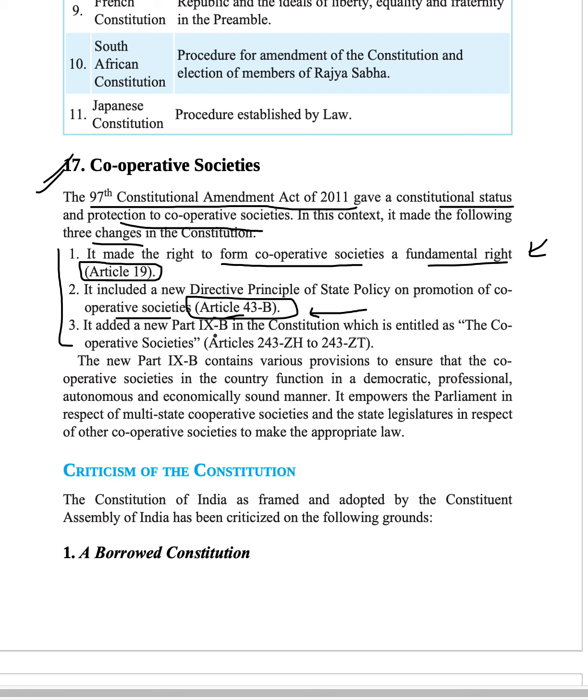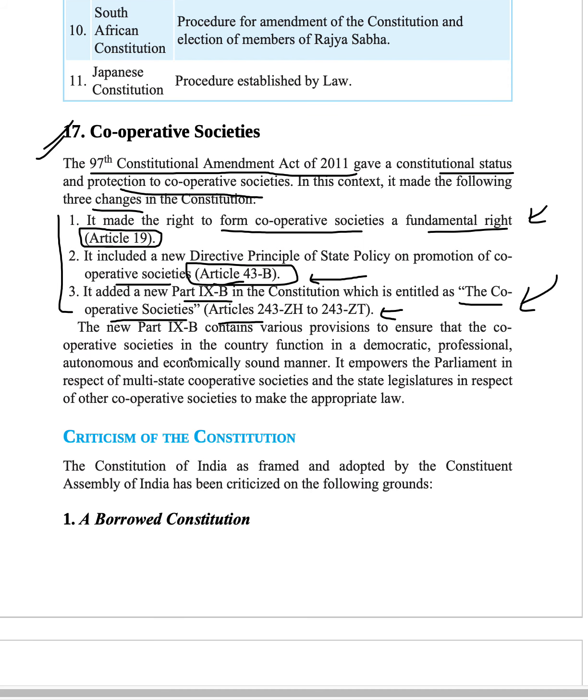And then it added a new part 9B in the Constitution, entitled the Cooperative Societies, Articles 243ZH to 243ZT. So you know that part 9 is for the local panchayats, part 9A is for municipalities, and 9B is for cooperative societies. So just remember this. The new part 9B contains various provisions to ensure that the cooperative societies in the country function in a democratic, professional, autonomous and economically sound manner.